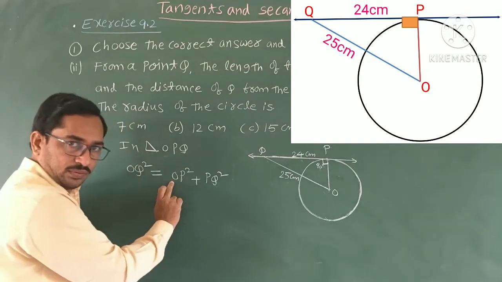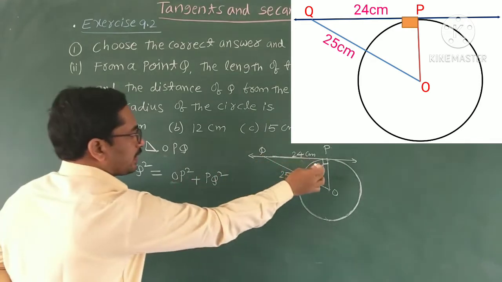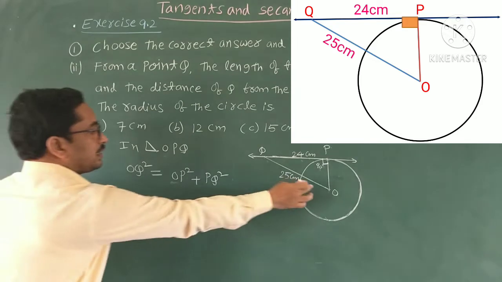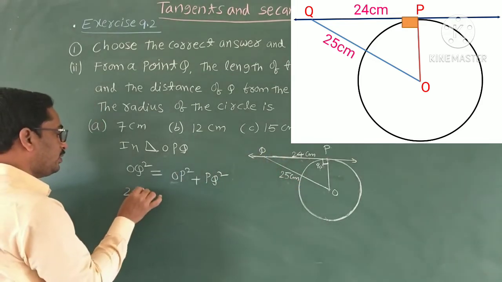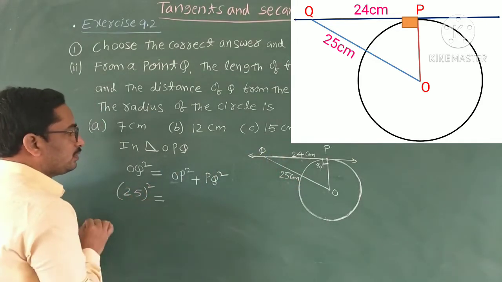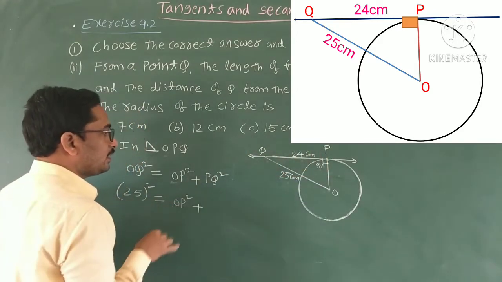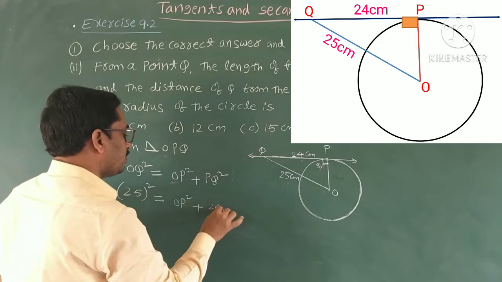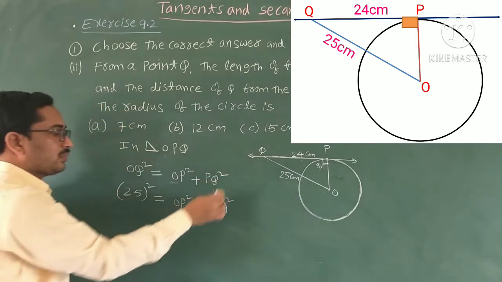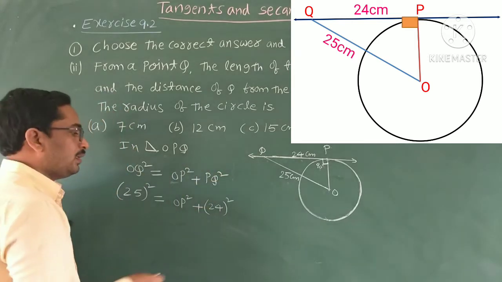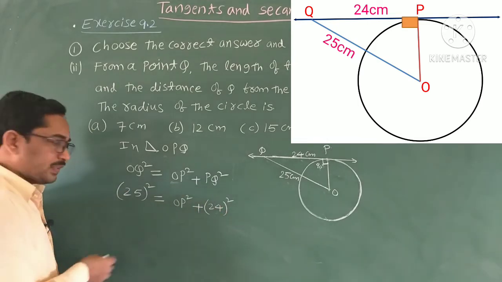We want the value of OP, so substitute the values. OQ is given 25, so 25 square equals OP square plus PQ square, and PQ is 24, so 24 square. Now, bring the 24 square value to the left side.